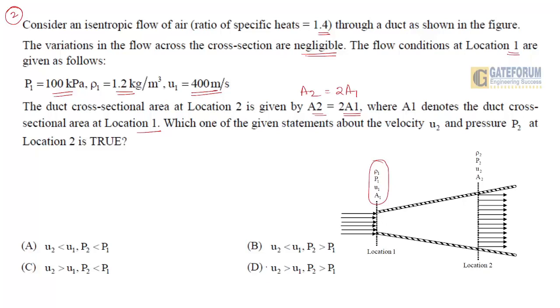So, step 1 for finding this, when the cross section duct is given in this way: the area is A1, density rho 1, pressure P1 with velocity U1. At the second end, it is P2, A2, U2, rho 2. We need to identify the type of flow. Is it supersonic or subsonic?